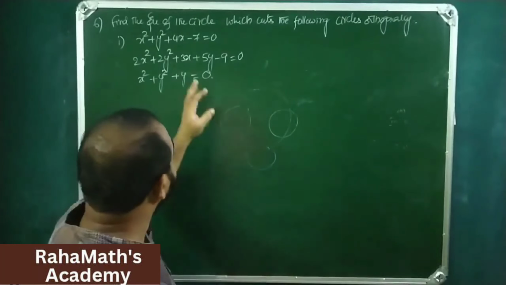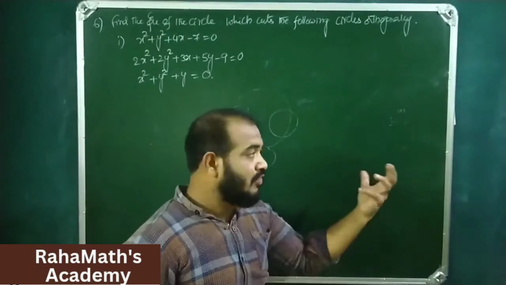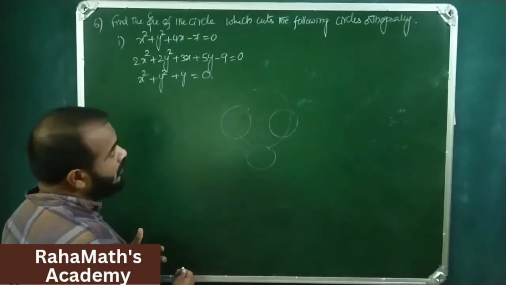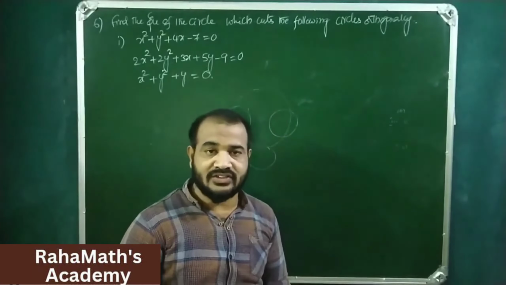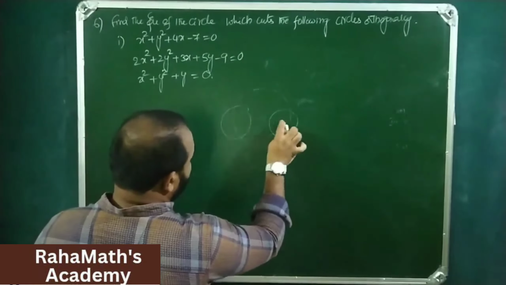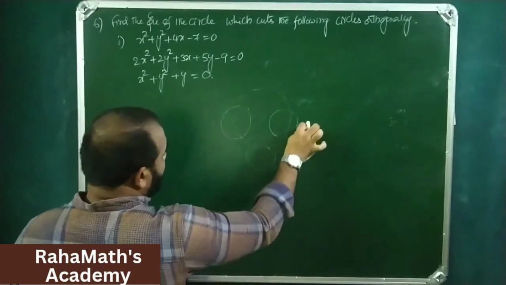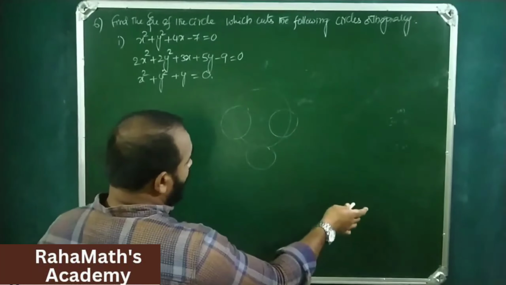Now the concept of radical axis is introduced. Therefore, we need not use the condition 2gg dash plus 2ff dash equals c plus c dash thrice. Instead, the required circle which cuts these 3 circles is to be found out.